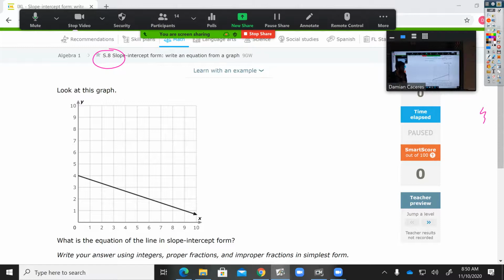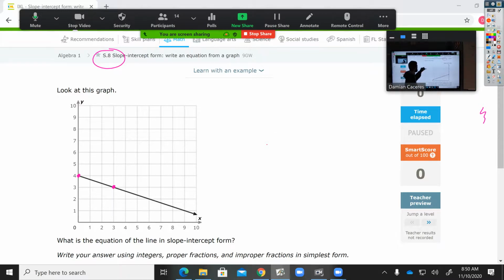This is the first IXL that's going to be due this week. So, same thing we just did on the worksheet we're doing on this IXL. From left to right, mark 2 points. The first point I see is right here. The next one is right here.